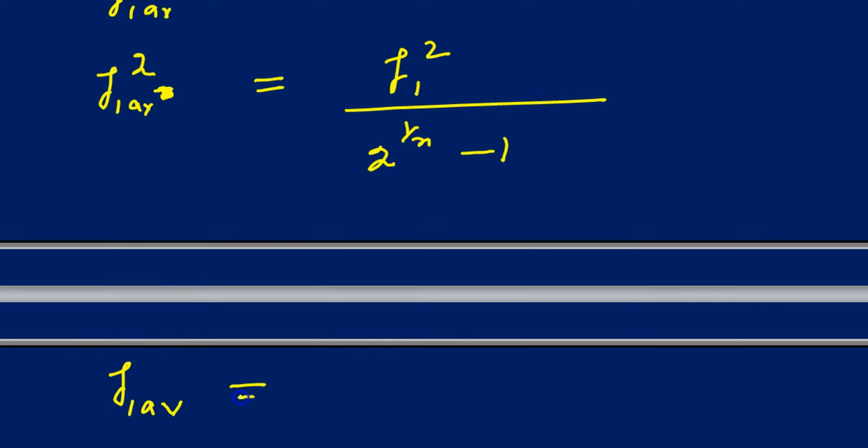So F1 average becomes F1 divided by the square root of 2 raised to the power 1 by n minus 1.